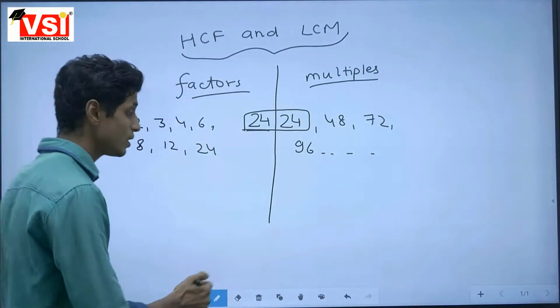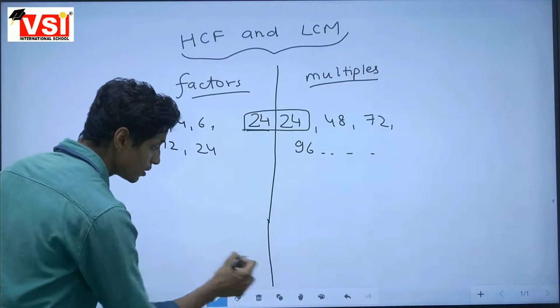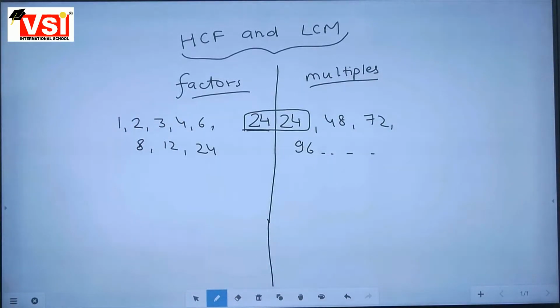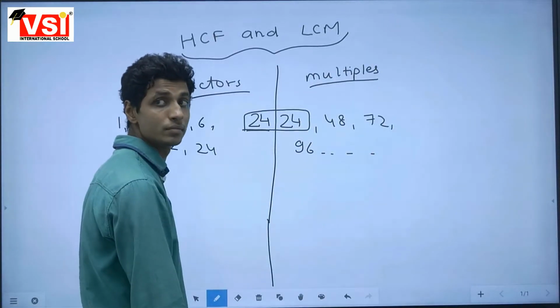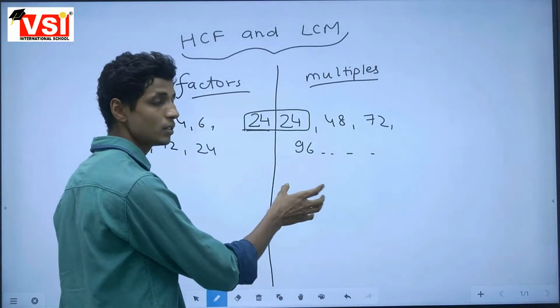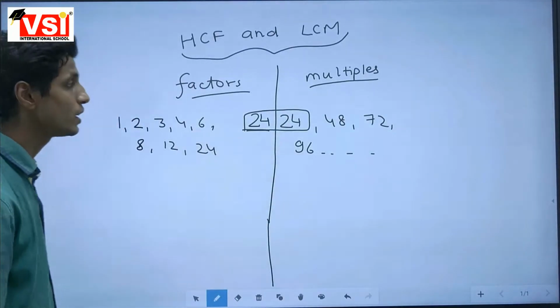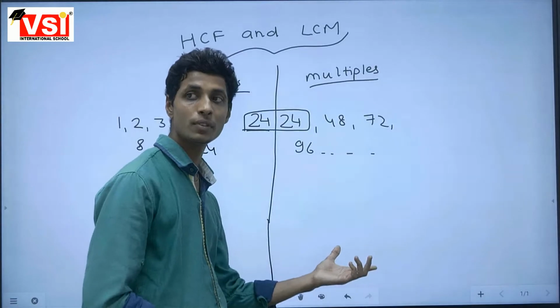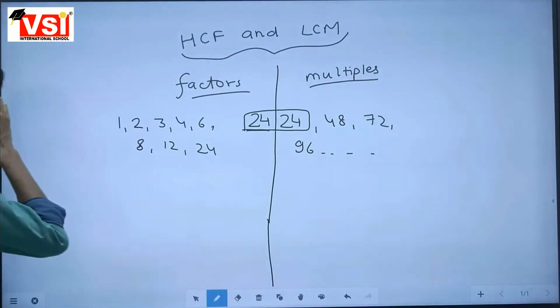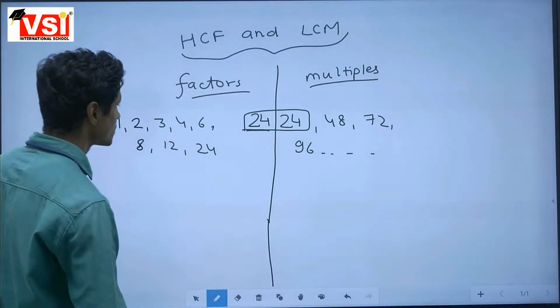So we can find this common formula for how to find multiples of any number: just write the table of that number. If you are about to find the multiples of 29, just write the table of 29: 29, 58, and like that. Fine. The factors and multiples are like this.